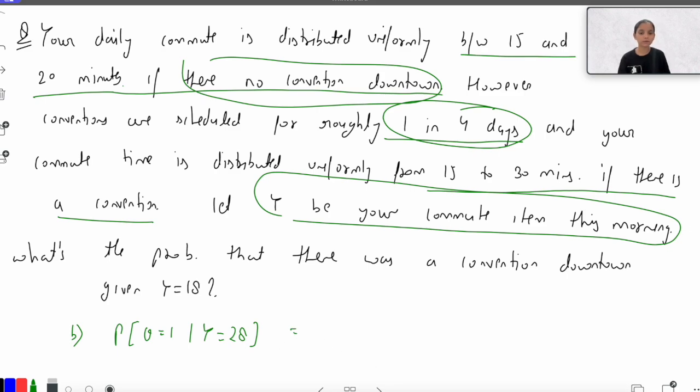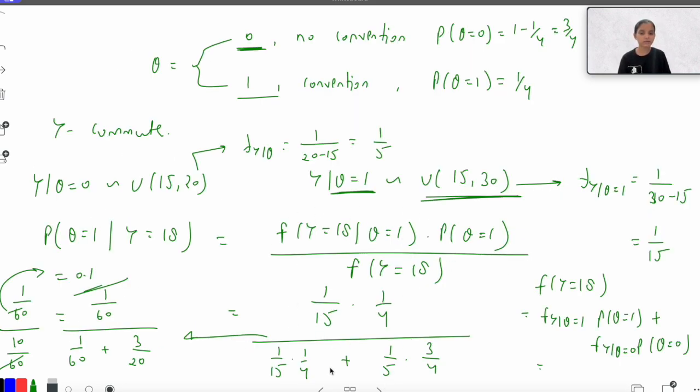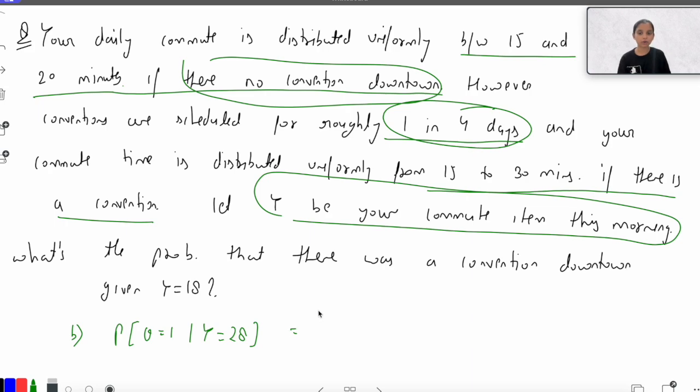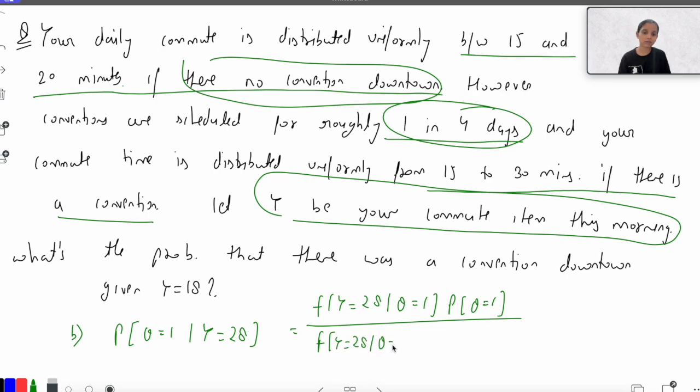Now in that case, if you open it again by the same scenario, it is f of y equal to 28 given theta equal to 1, times probability of theta equal to 1, upon f of y equal to 28 given theta equal to 1, times probability of theta equal to 1, plus f of y equal to 28 given theta equal to 0, times probability of theta equal to 0.